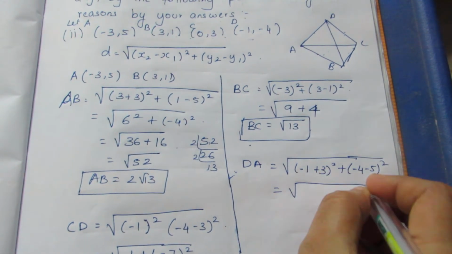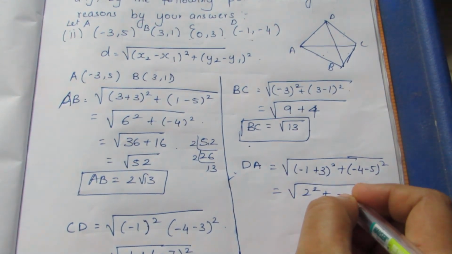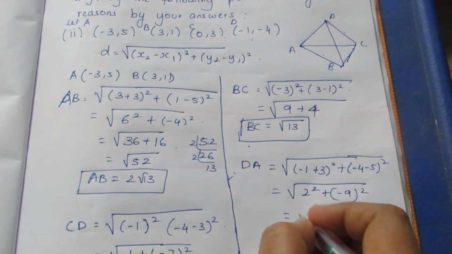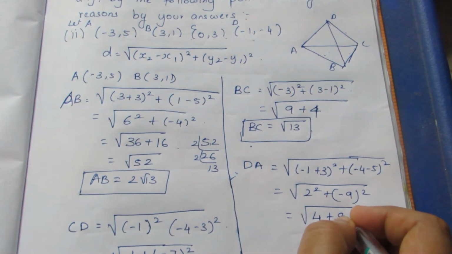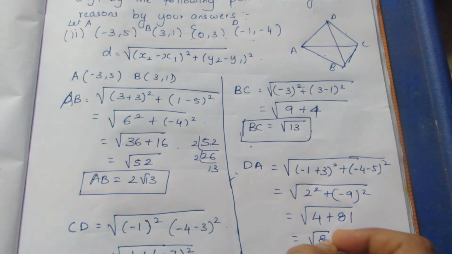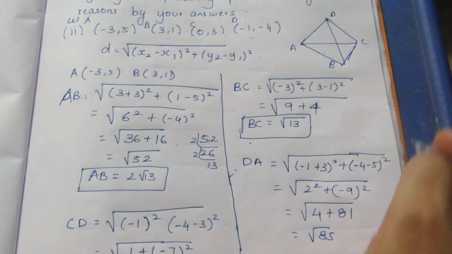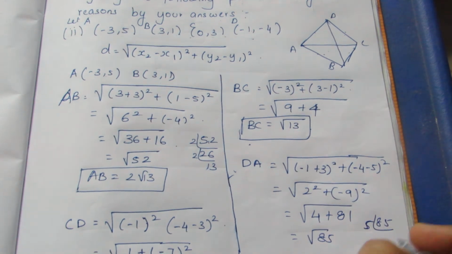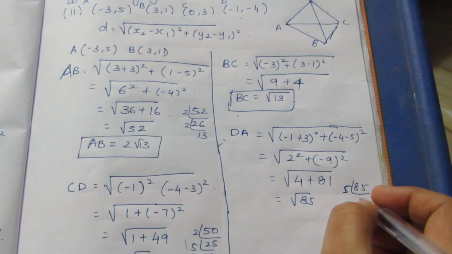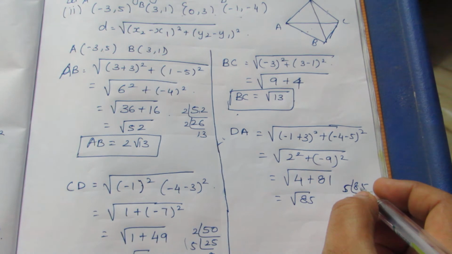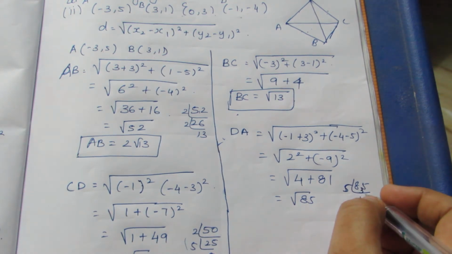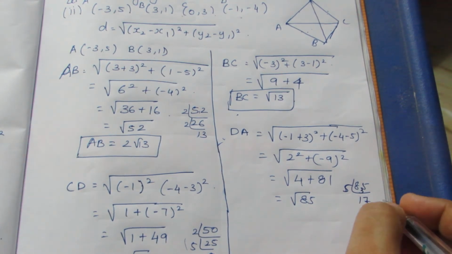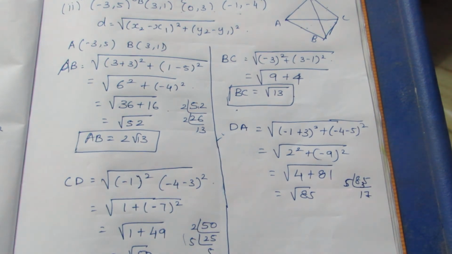This becomes 2 square plus minus 9 the whole square. 2 square is 4 plus 9 nines are 81. It is root 85. Try to do prime factorization to take the root. Here 5 ones are 5. So we can't take a root outside, so it is root 85.